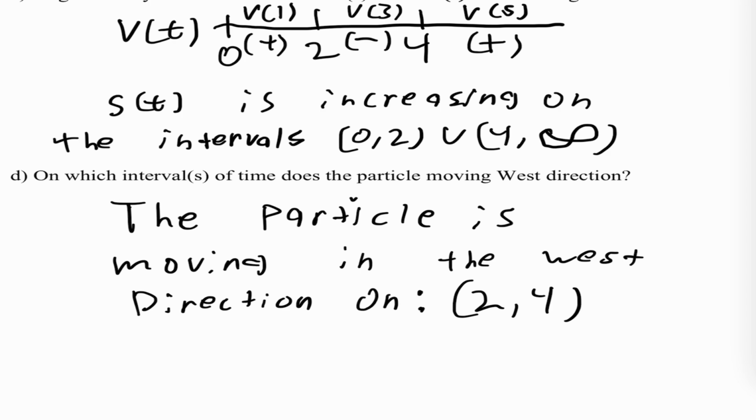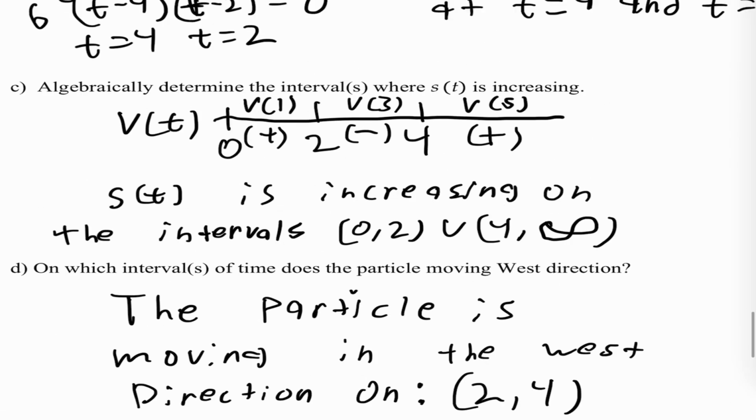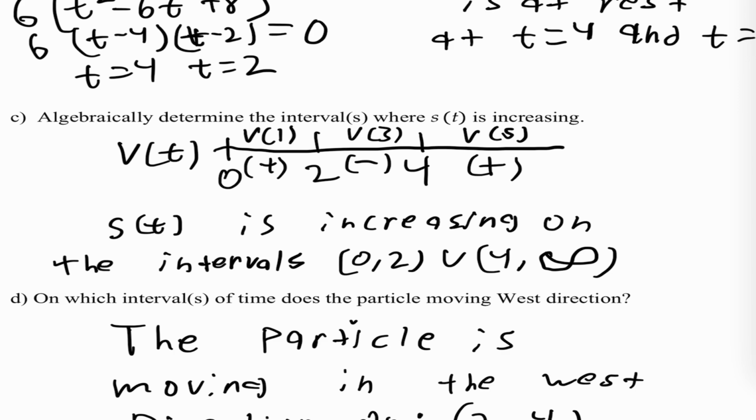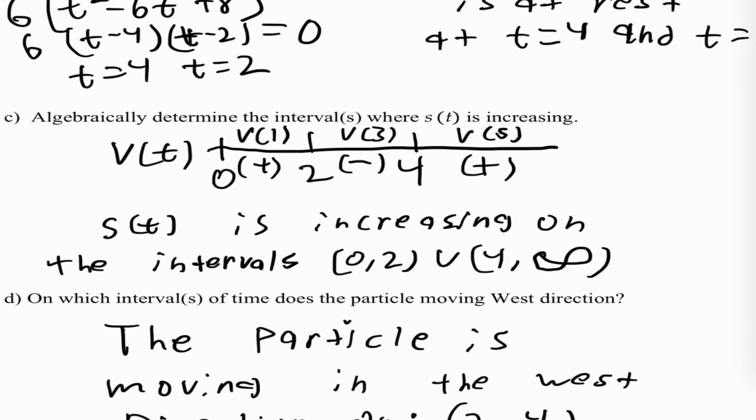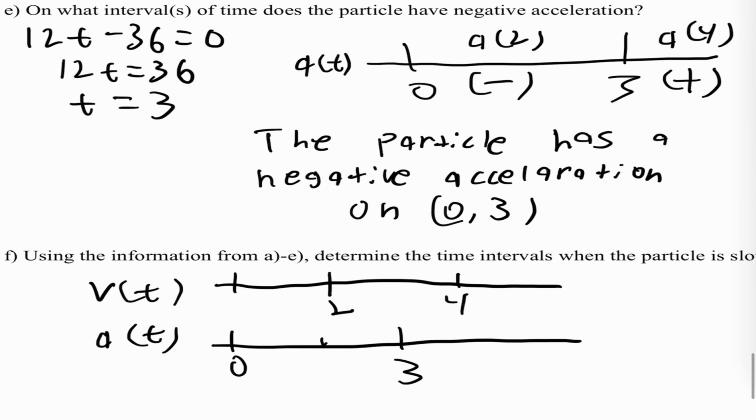For velocity, we have 2 and 4, for acceleration, just 3. Our intervals were positive, negative, positive for our velocity, and for our acceleration, we have negative, positive.